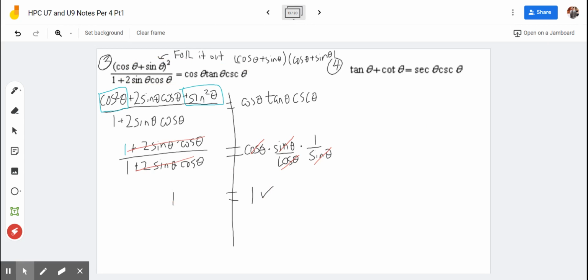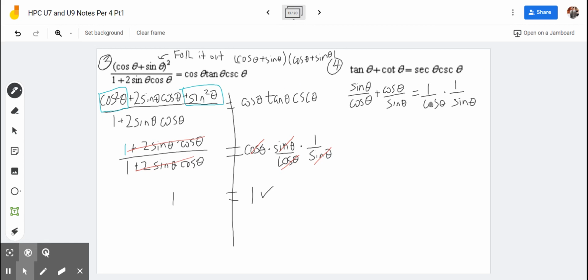All right, and let's take a look at this last problem here, number 4. Tangent theta plus cotangent theta equals secant theta times cosecant theta. Well, tangent and cotangent, secant, cosecant, I'm going to write everything in terms of sine and cosine. All right, so this is everything rewritten in terms of sine and cosine. And we see on the left side that we're adding fractions together, so we're going to have to get a common denominator.